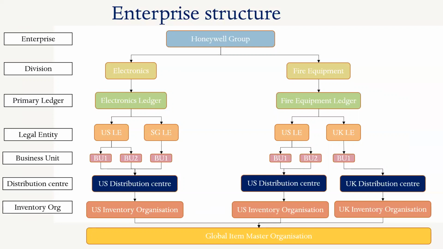We define ledgers for the different LEs, and attach the business unit against it. Then we attach the distribution center for both the LEs. Under the distribution center, we will have the inventory organization. And for every inventory organization, we have to attach the item master organization.